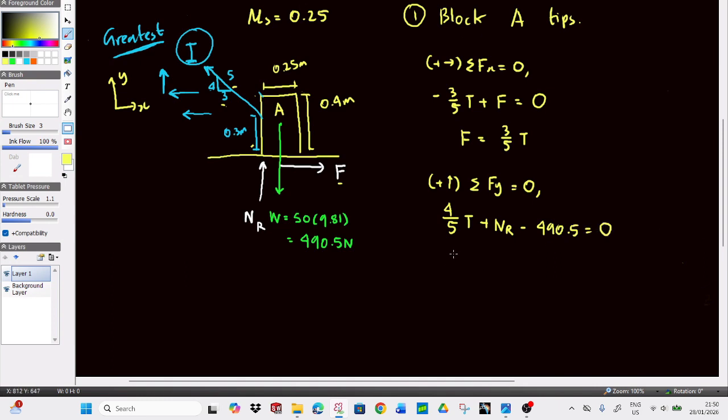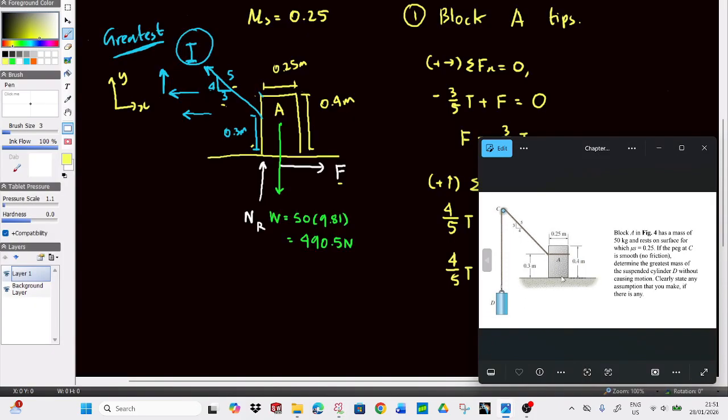So we'll end up having 4 over 5 T plus NR is equivalent to 490.5. So yeah, 4 over 5 T plus NR is 490.5. I'm not causing motion. Okay, all right.